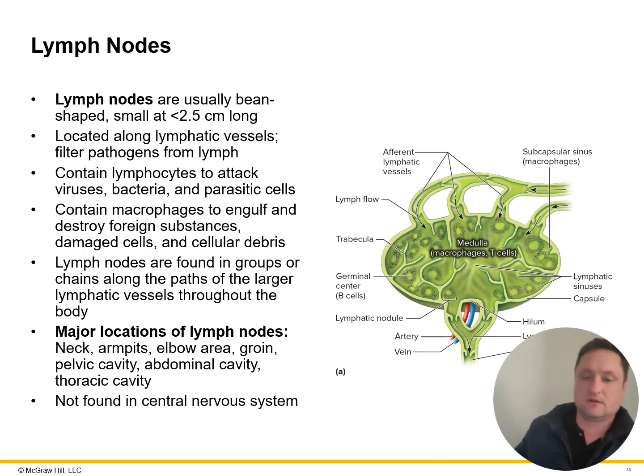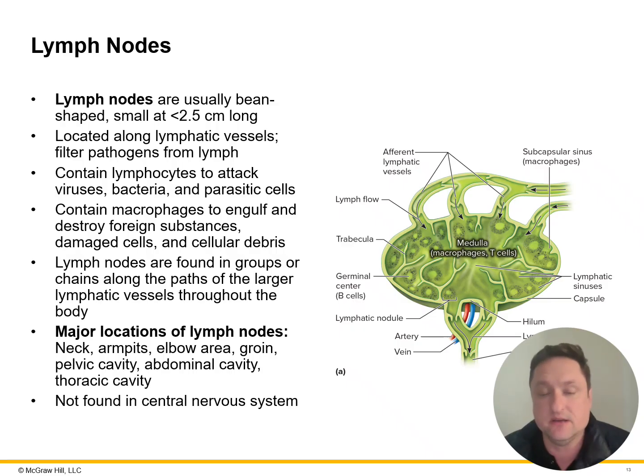Okay, let's talk about the actual lymph nodes here. So, lymph nodes are these bean-shaped filters, typically less than 2.5 centimeters long, and they are situated in chains along larger lymphatic vessels.